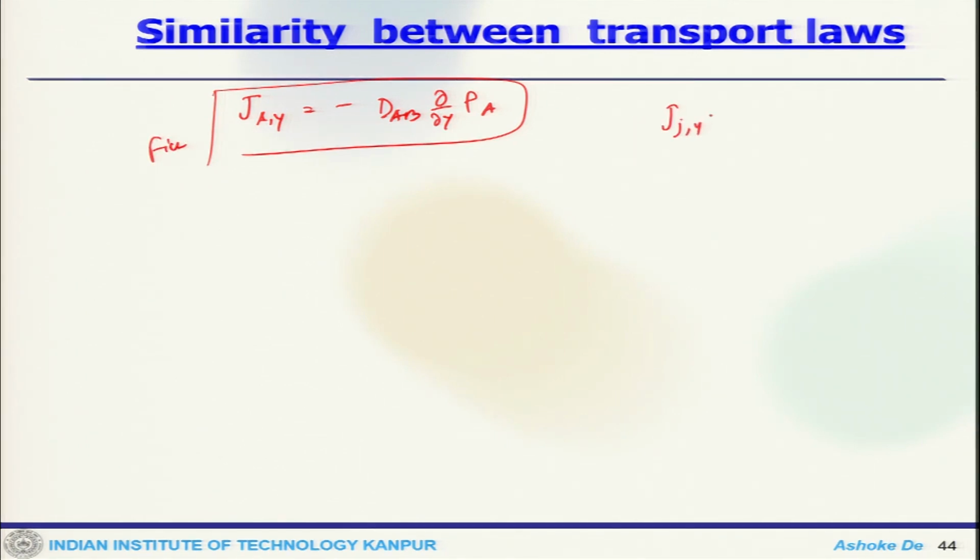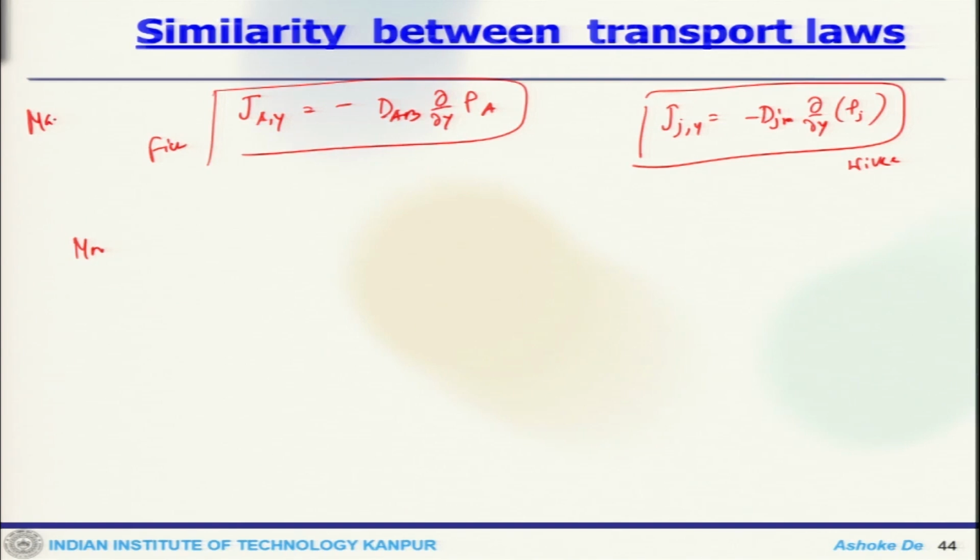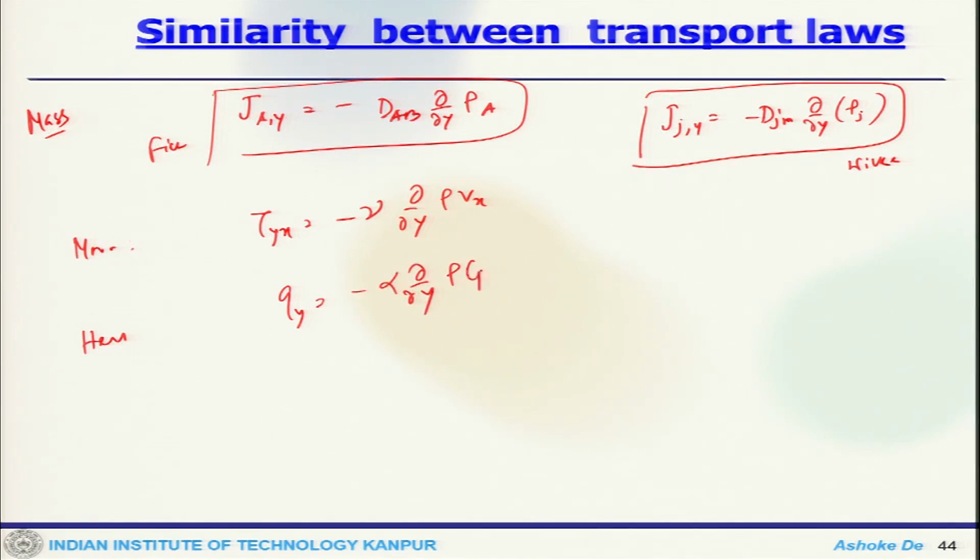Then J_y is minus D_jm del rho_j by del y, this is what we got from Wilke. Then for momentum, we have tau_yx equals nu del y of rho v_x. For heat, we have Fourier, where q_y equals minus alpha del y of rho C_p T. Here nu is mu by rho, and alpha is lambda by rho C_p.